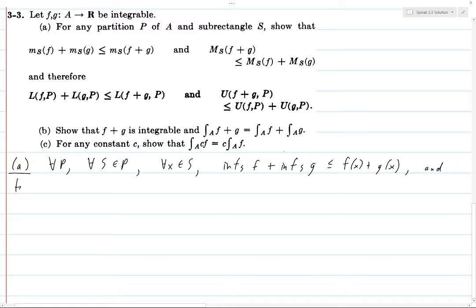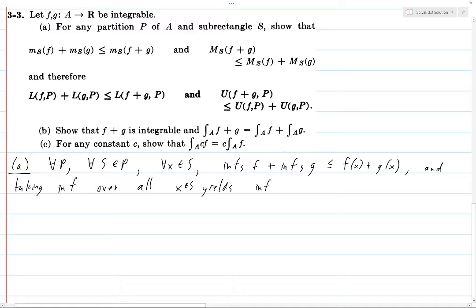And taking the infimum here over all x yields, well, what's going to happen to the left-hand side? Well, the left-hand side here is a constant. And so if we take the infimum over all x in s, the left-hand side doesn't change at all.